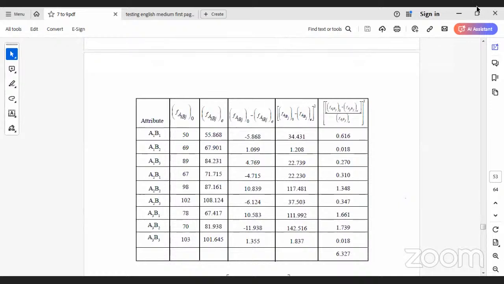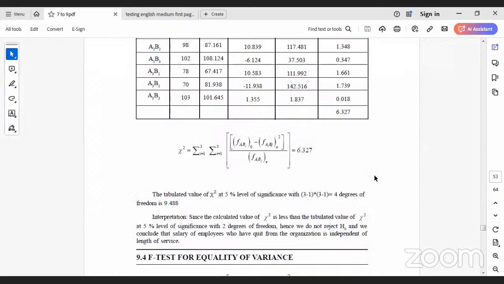We are subtracting here: minus 5.8, minus 1.09, 4.79, 67, 7 and 4, 98 and 10, 102 and 6, 78 and 10, 67 and 10.53, 70 and minus 7, that is minus 1. Then we are taking the whole square also, taking the value as per the problem.